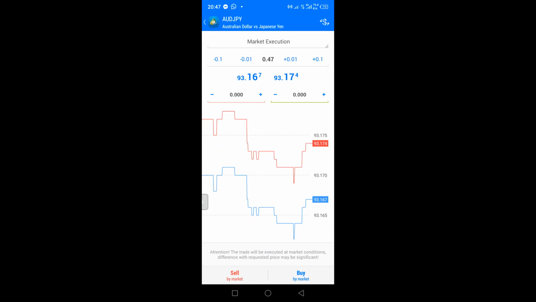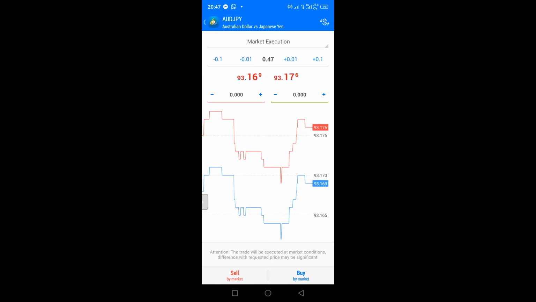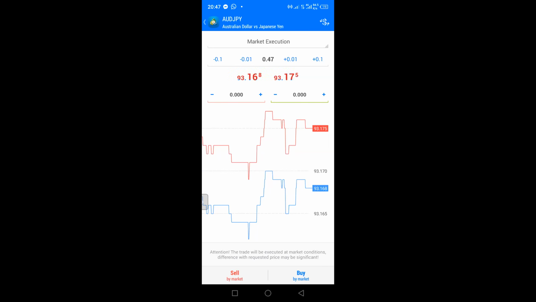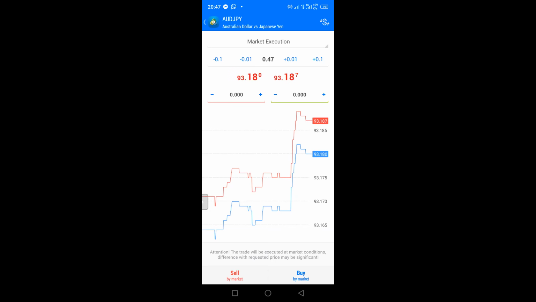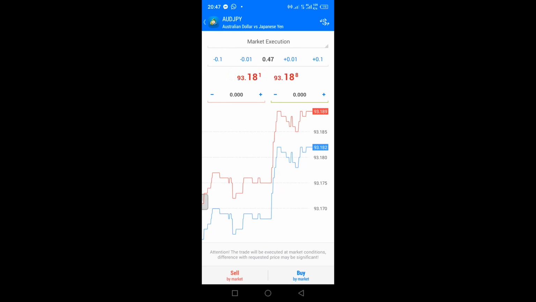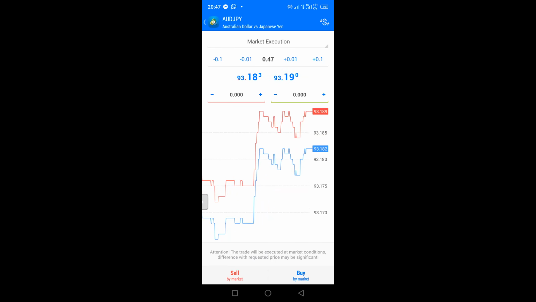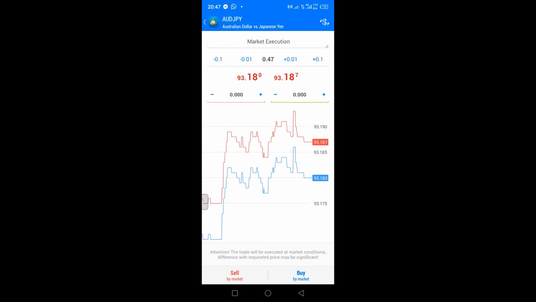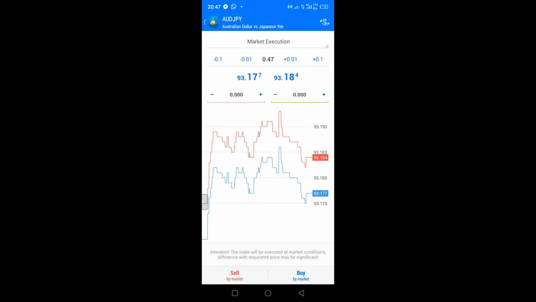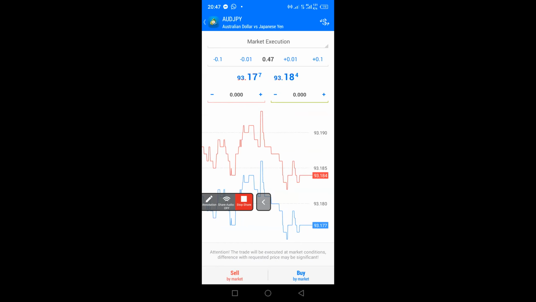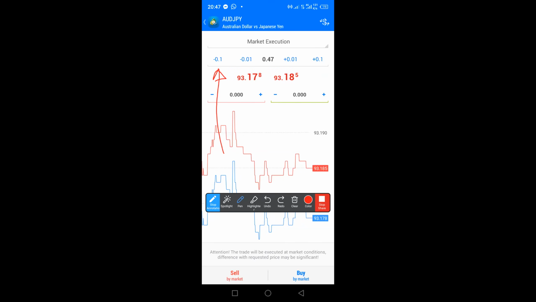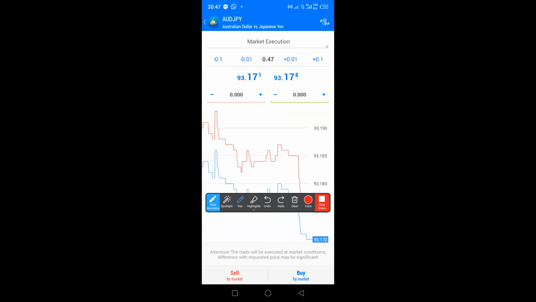Again, some exercises you'll be given will help you practice this. So let's say I want to trade with a 0.25 lot size, right? There are two ways to go about this. The first is to look at this, it is 0.47, and I want to trade with 0.25. So I'll go to negative 0.1 right here and click on it, and also negative 0.01.